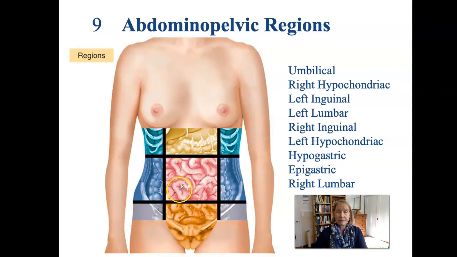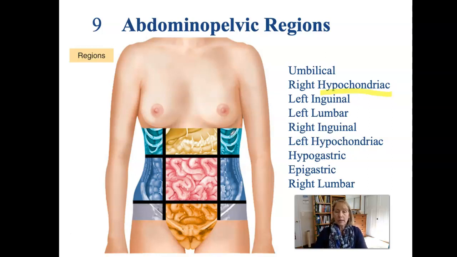Okay, so umbilical, and then hypo, this word, hypo, below. Chondriac, chondrous means cartilage, so under the ribs or under the cartilage of the ribs here would be hypochondriac. And now an important thing is which is right and which is left.